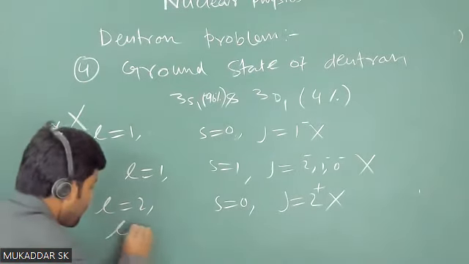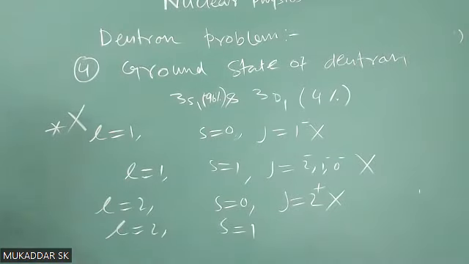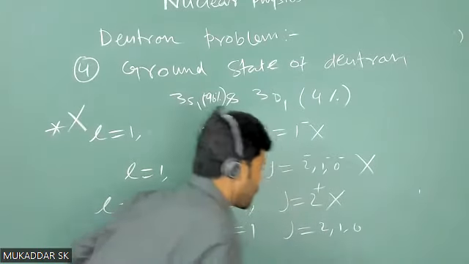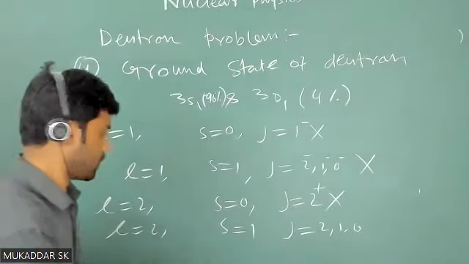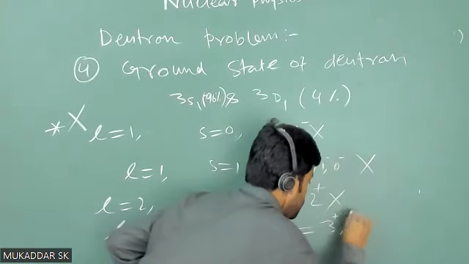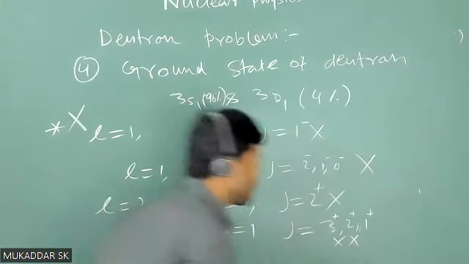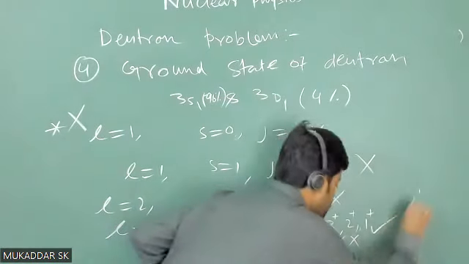But if you take L equals 2 with S equals 1, what J will you get? J equals 3, 2, 1, with even parity. But these are not possible because the nuclear spin is not 3 or 2, it is 1. Only J equals 1 is possible.